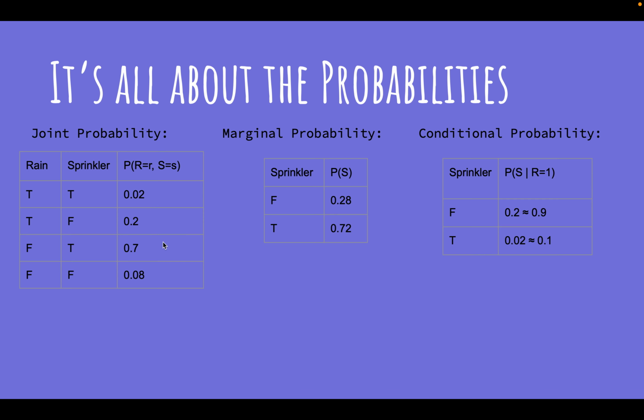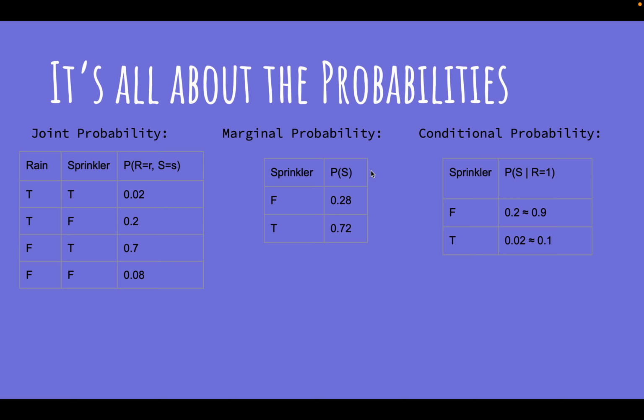If the sprinkler's on, look right here, it's going to be 0.7 and the 0.02. So being on is 0.72, and it being off would be the opposite ones, the 0.2 and the 0.08, and that's going to make the marginal probability.